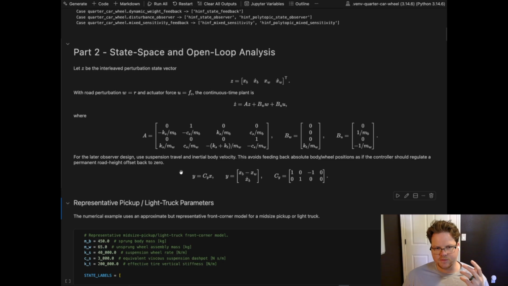So for the observer side, I'm defining a C here. Again, an output space, so not the performance criteria or anything like that quite yet, but it is going to be leveraged for that. This is actually going to be the suspension travel. So we have XB minus XW.